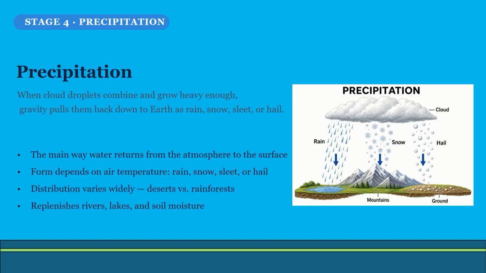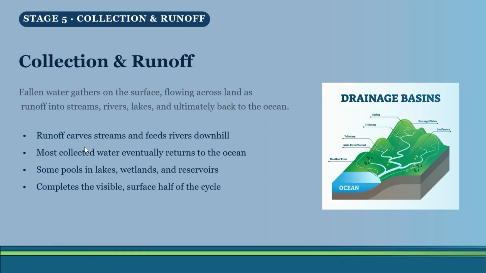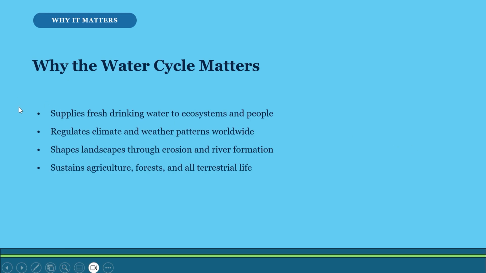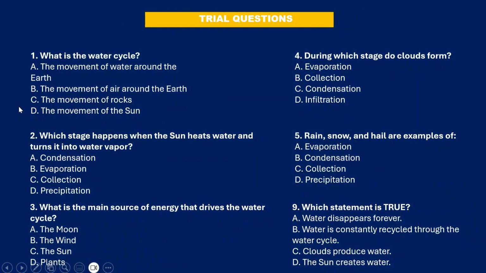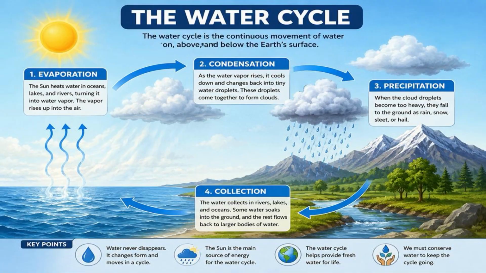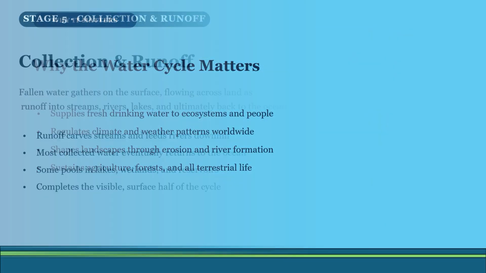The process of rain falling from the cloud onto the earth's surface is termed precipitation. If you check the diagram on the right side, you see how precipitation occurs.